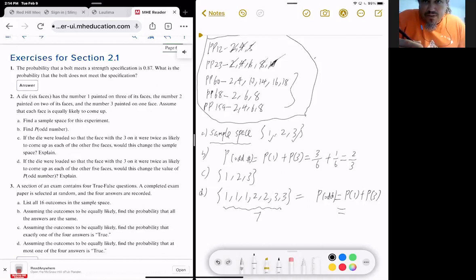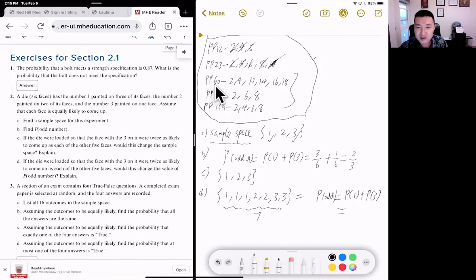Still number 2, page 60, question number 2, part D. Part D. Okay. Right here, P of odd number, pay attention here, it will become P1 plus P3. P1 will be 3 over 7 now. Okay, so we have 3 ones, but the total equally likely outcomes will be 7 now.